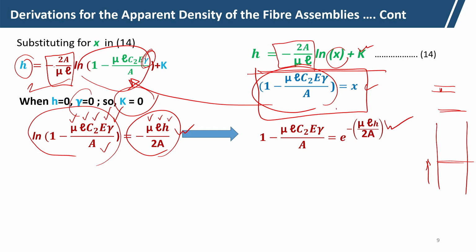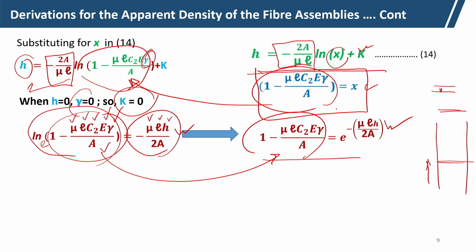From there we get this. If it is a log to base E, it will come out of the log, and this total portion will go to the power of E. That is the next step.